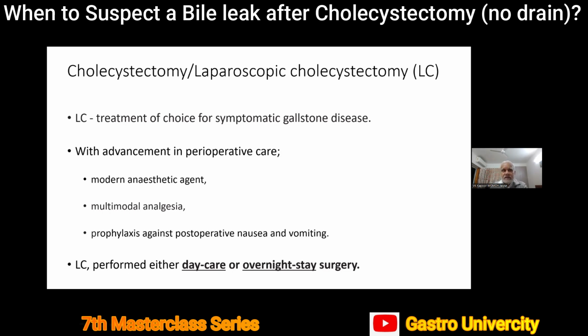If these are the cases which we post very early in the morning, first case, and if there is good, complete, full, satisfactory recovery, we may allow her to go home in the evening so that she can look after her young child, and insist that she comes back to the hospital the next morning to have a routine checkup as if she was in the hospital. So that is the only exception. But I know that many centers are now practicing lap chole as a daycare surgery.